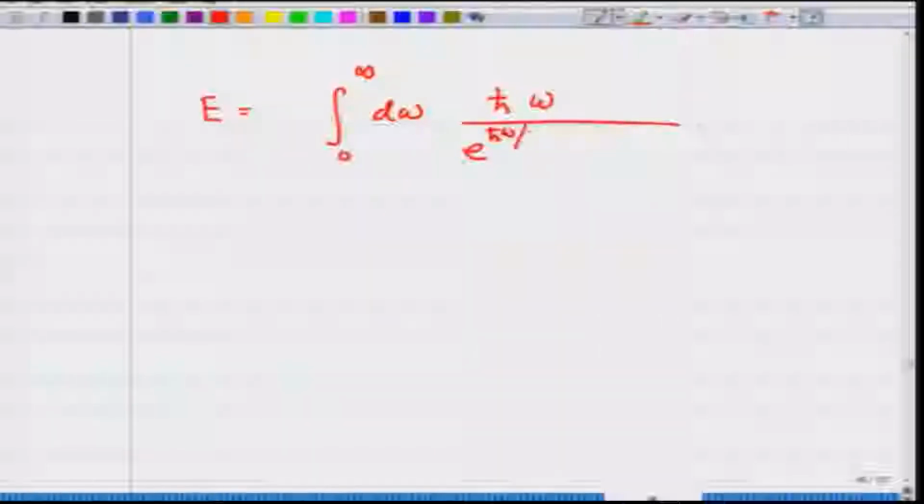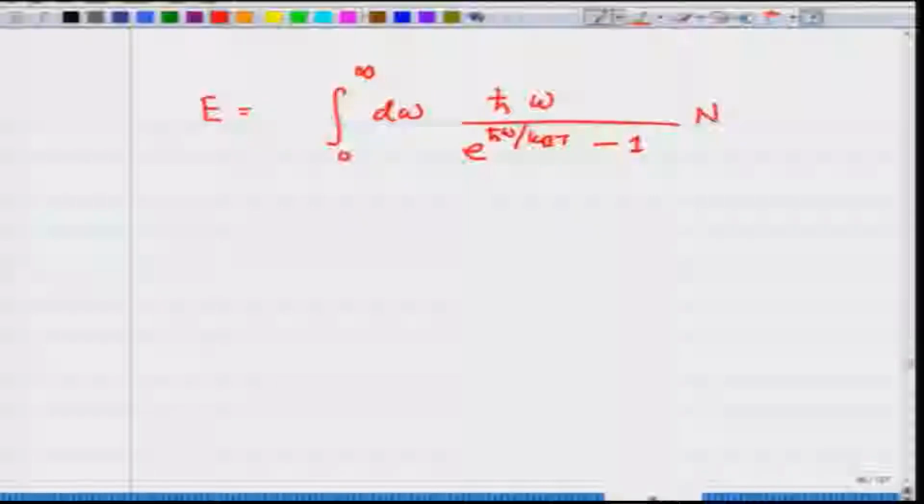So let us write this again: E will come out to be the integral from 0 to infinity of d omega h cross omega over e raised to h cross omega over k b T minus 1.